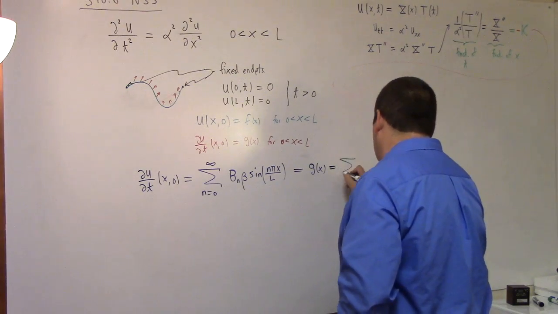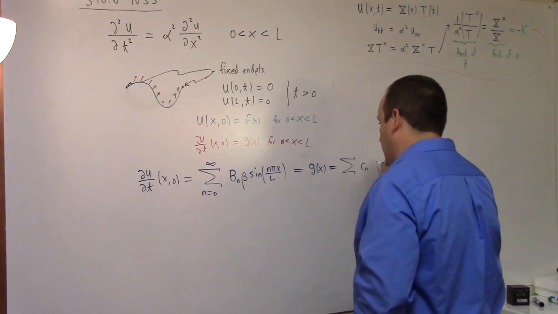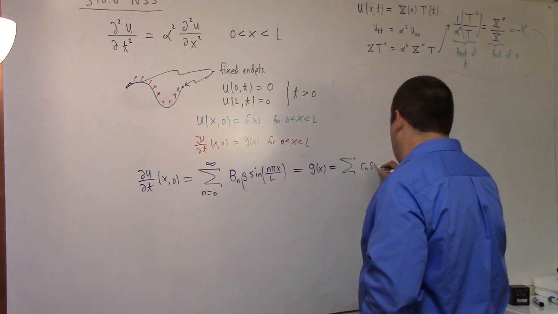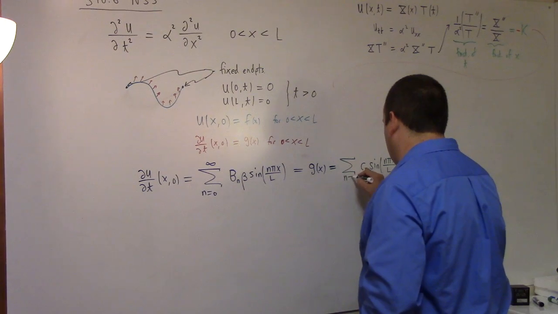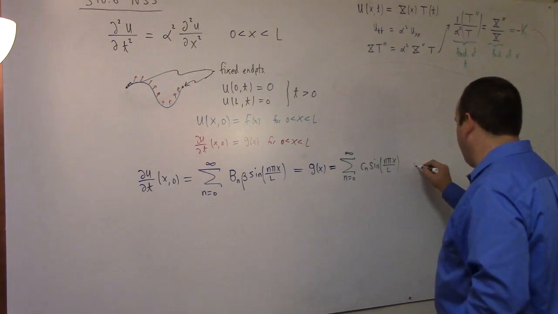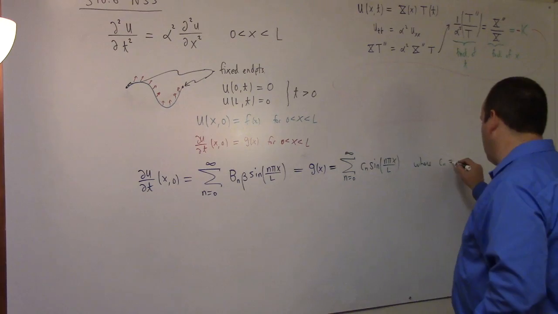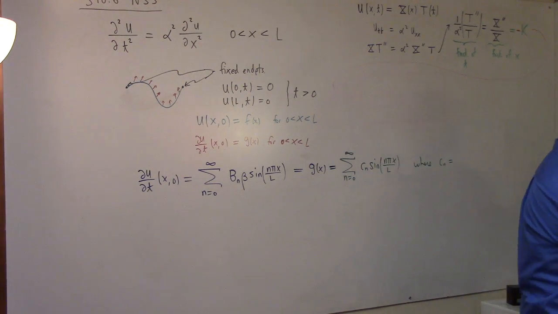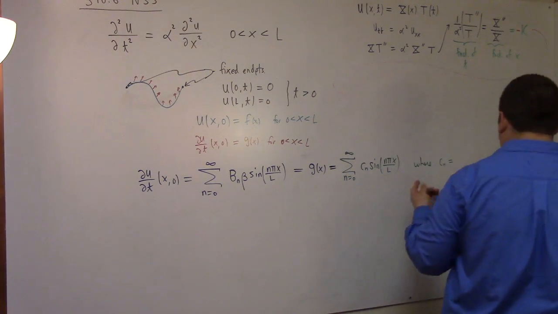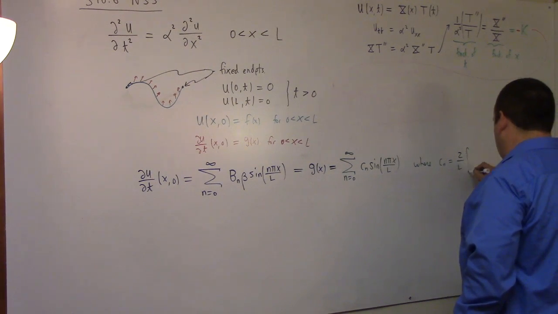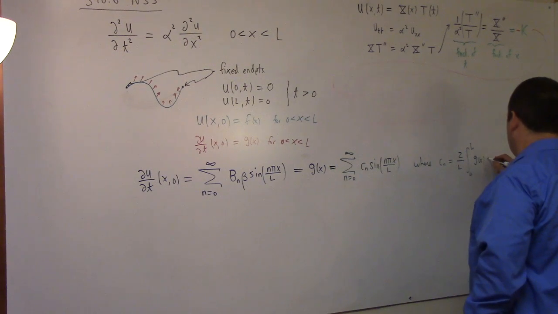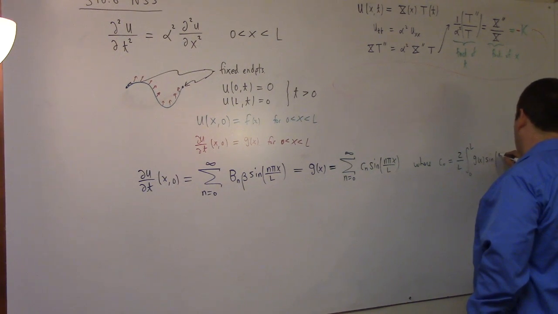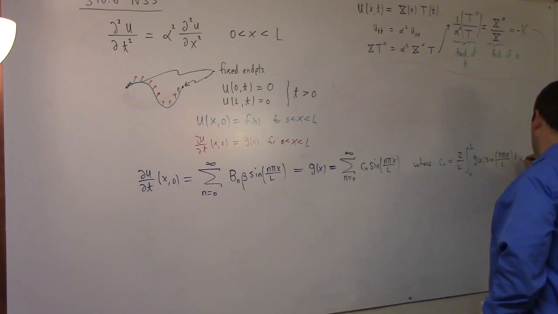So this is going to be equal to the sum of c sub n sine of n pi x over L, n equals 0 to infinity, where c sub n is equal to, by the same derivation I just did on the other board, 2 over L, the integral from 0 to L of g of x times the sine of n pi x over L dx.